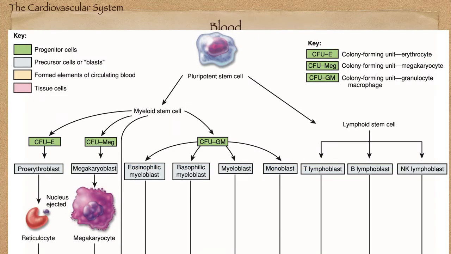So now let's focus on the CFU-GM, or the granulocytes and macrophages. It could be differentiated into eosinophilic myeloblast, basophilic myeloblast, or the myeloblast per se, and monoblast.